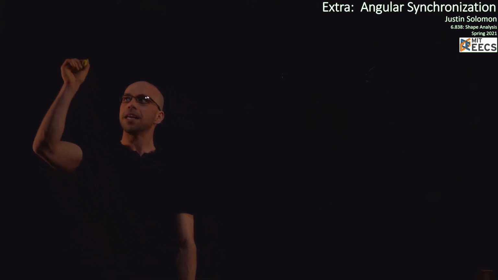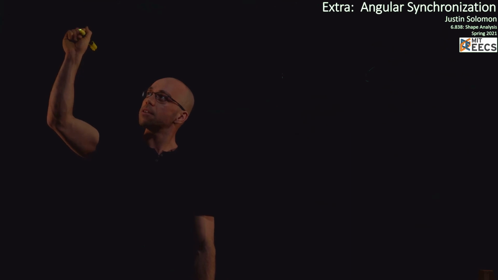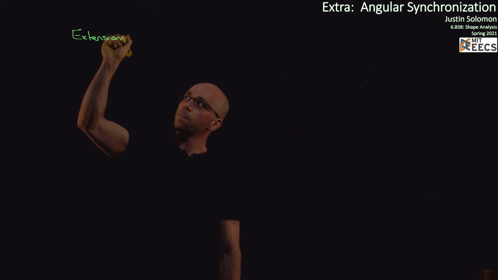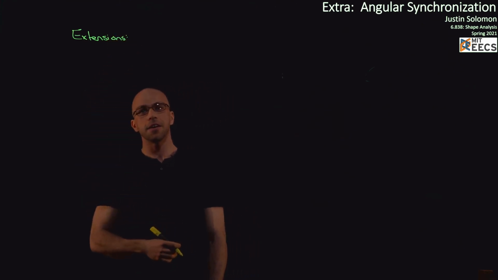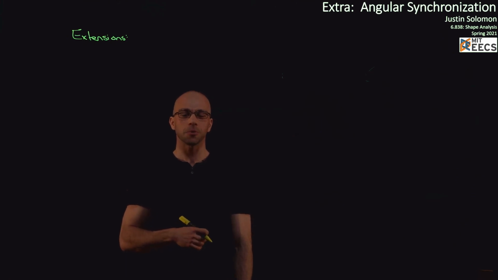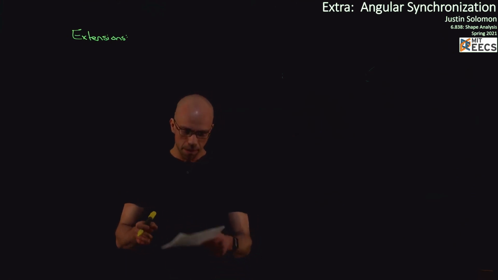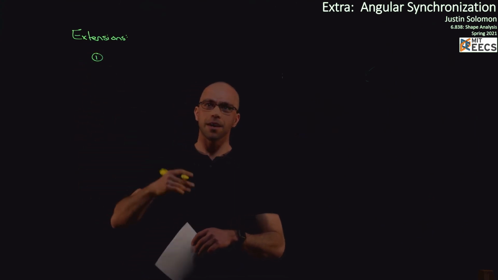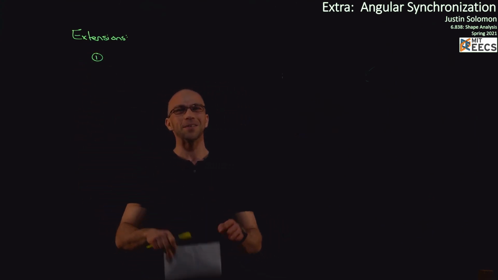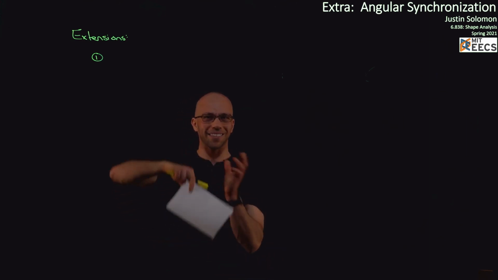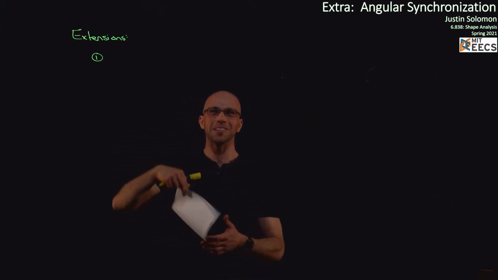Now, there's many interesting extensions that I thought are worth a mention here. In particular, we can synchronize data that comes from any group structure, and really I do mean group in the algebraic sense. Here we only synchronized angles, so the best we could do for registering a bunch of bunny scans with each other would be if they were sitting on a turntable that was rotating.